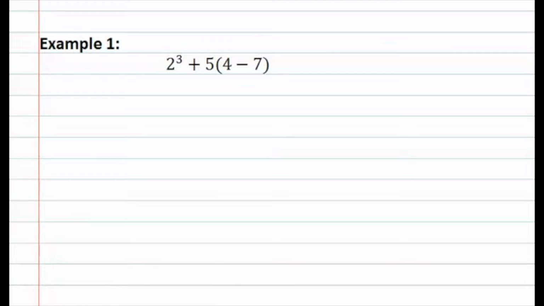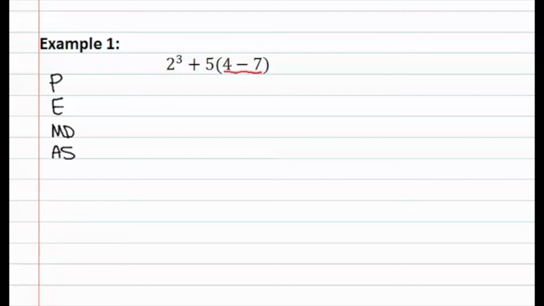In example 1, we will be using the order of operations to help us decide which portion to start first. Sometimes it is helpful to write PEMDAS down the side of your page to ensure that you do all steps in order. Remember, the P means to do what's inside of the parentheses. As you can see, we do have something inside of parentheses, so we must complete it first.